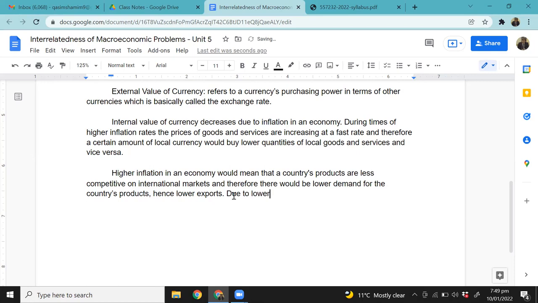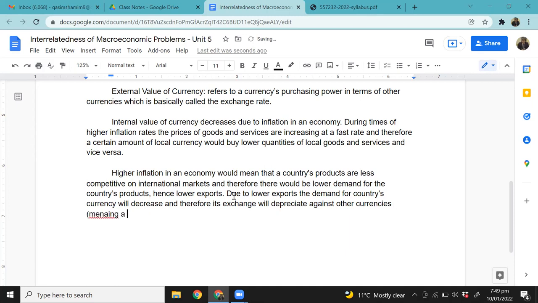Lower exports for this currency, therefore its exchange rate will depreciate against other currencies. That is what it means, right?